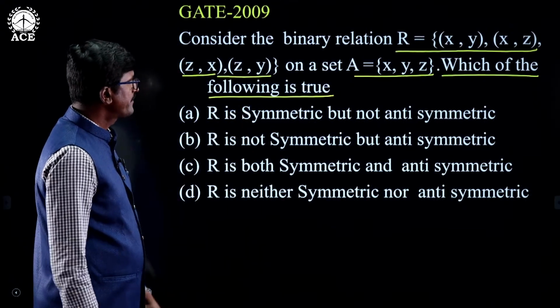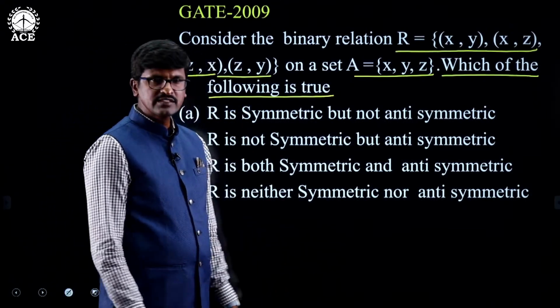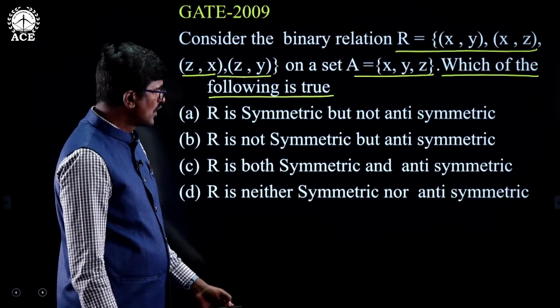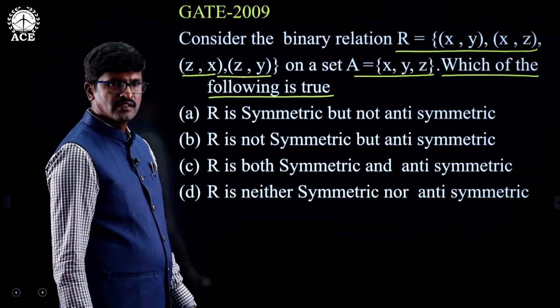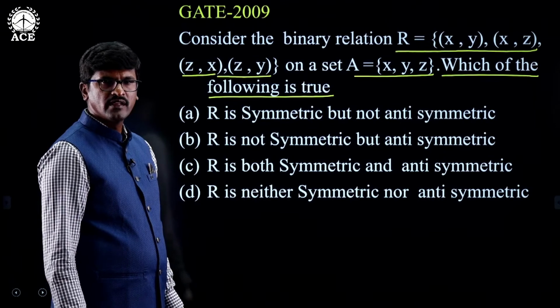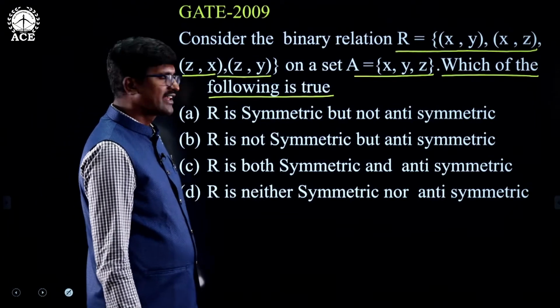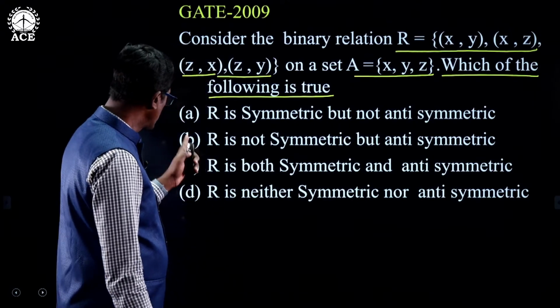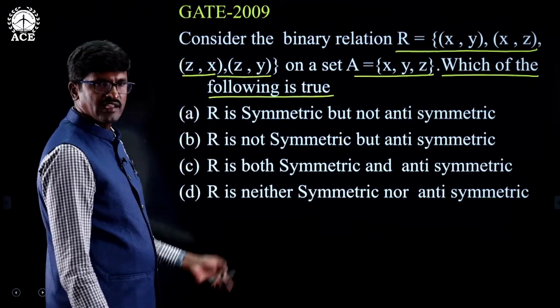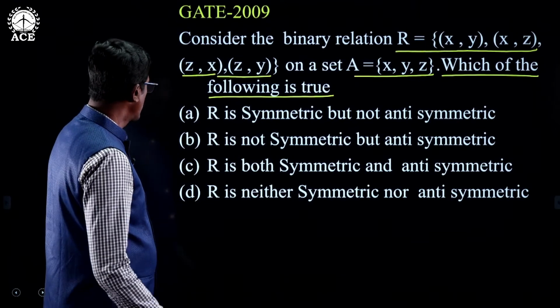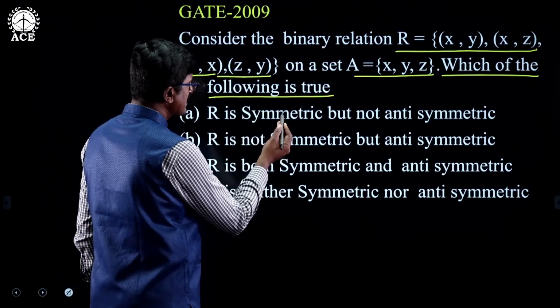Now look at here. There is no (x,x), there is no (y,y), there is no (z,z). That is, the given relation is an irreflexive relation. So none of the options has the irreflexive option. Next one. Is it symmetric?